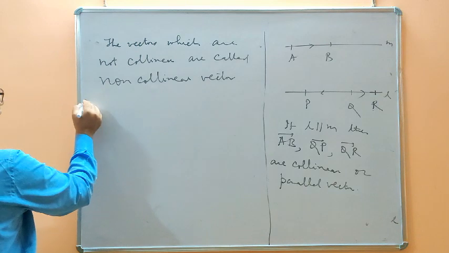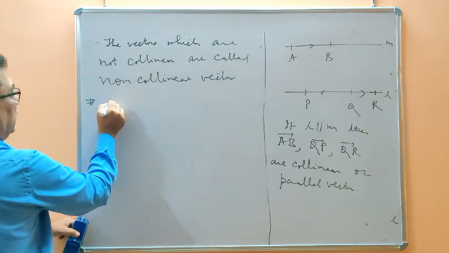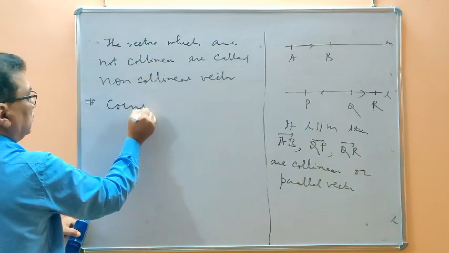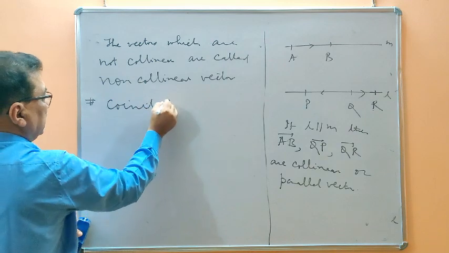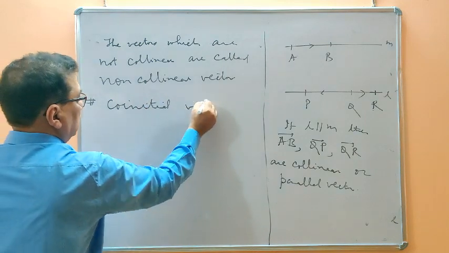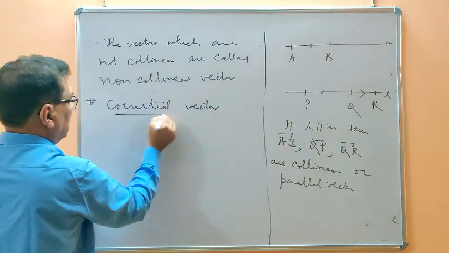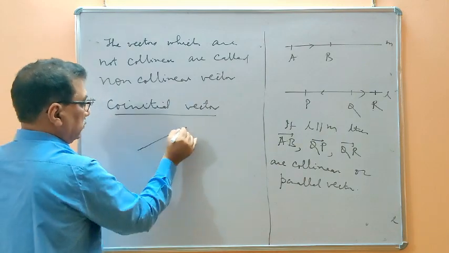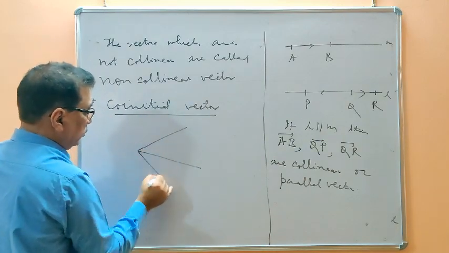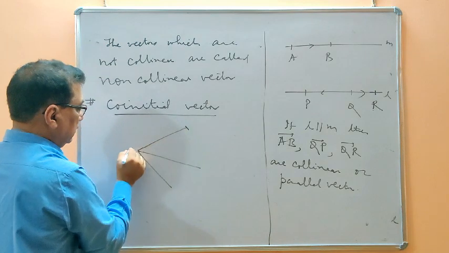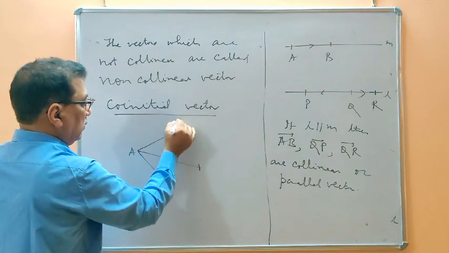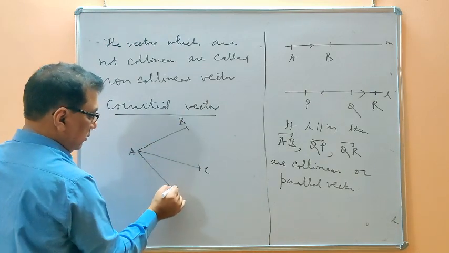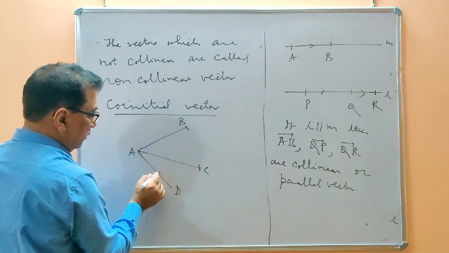Okay, and after that, next type is co-initial vectors. To discuss these vectors, let us draw this type of vector.